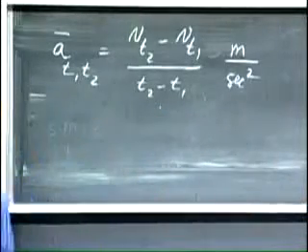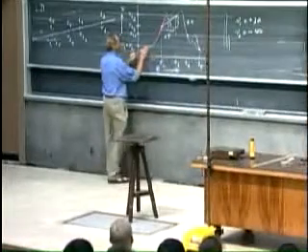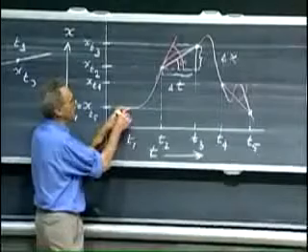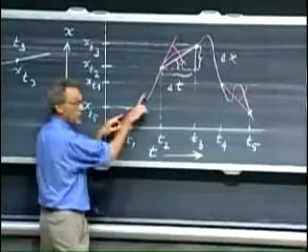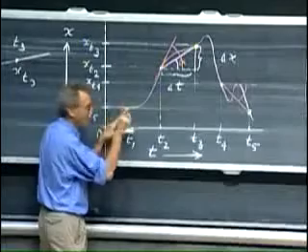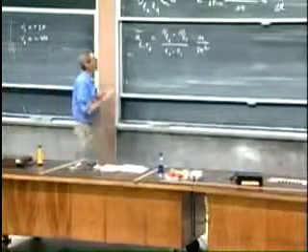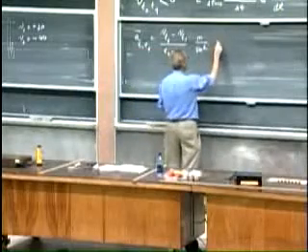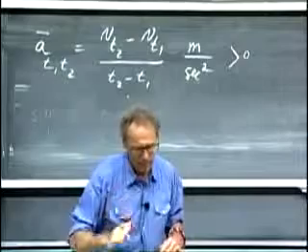In our case, t1 to t2, notice the velocity is 0 at the start, and it begins to increase because this angle alpha increases. It's the angle that matters. The angle increases, so from t1 to t2, the average acceleration is larger than 0. Look at the angle.